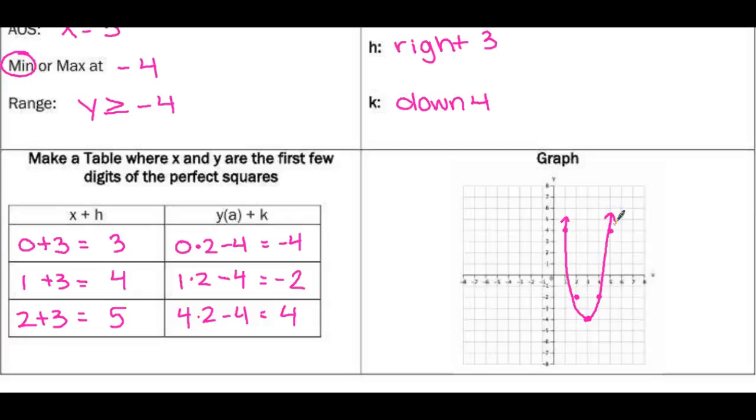I could draw a line through x equals 3, and my graph should be perfectly opposite from those points. This is my line of symmetry. I do it lightly on purpose. I don't want you to see it as a line. I want you to see it as the axis of the earth. It's not a line.